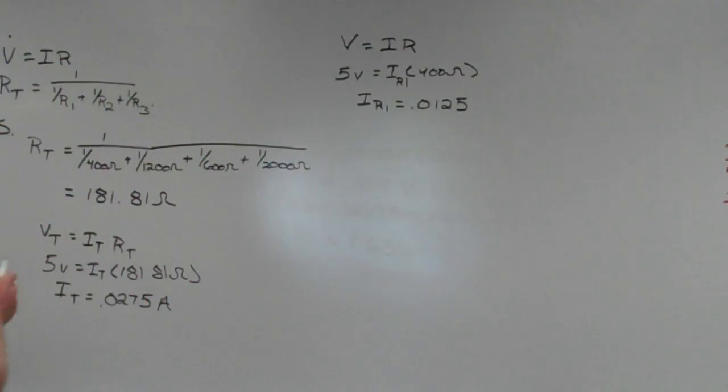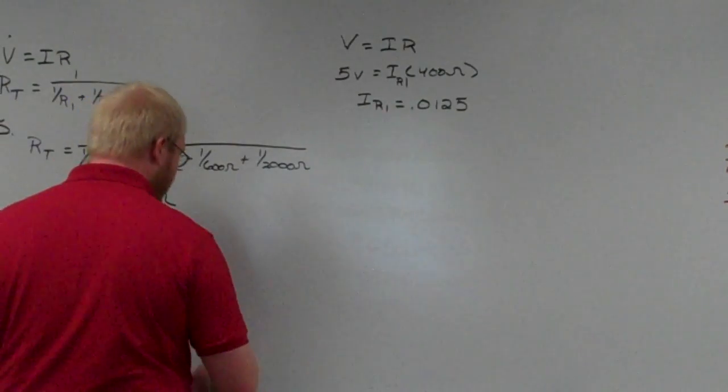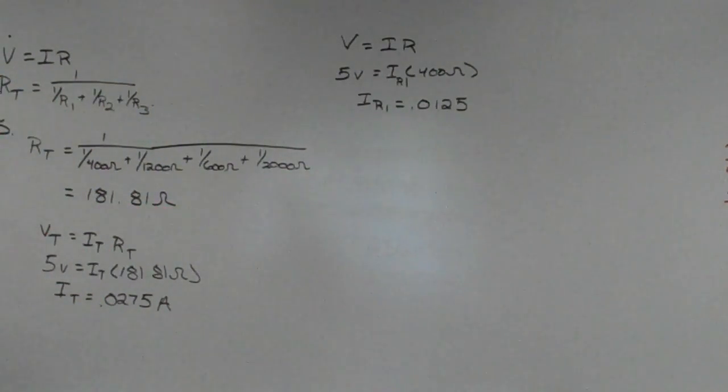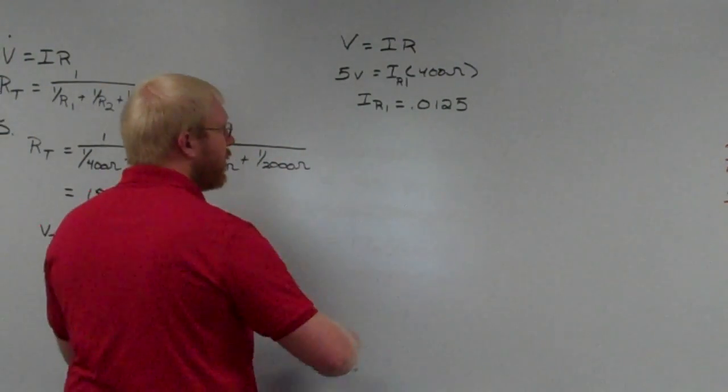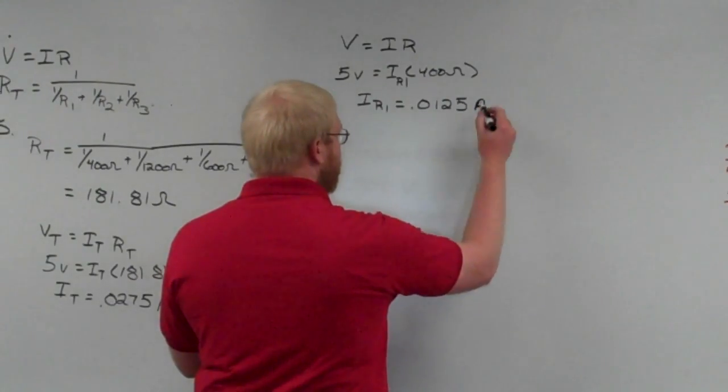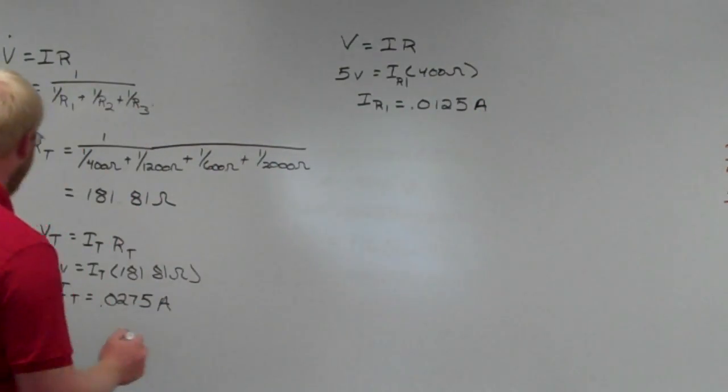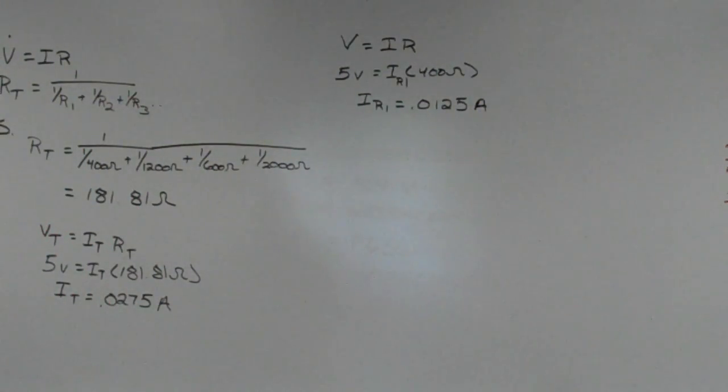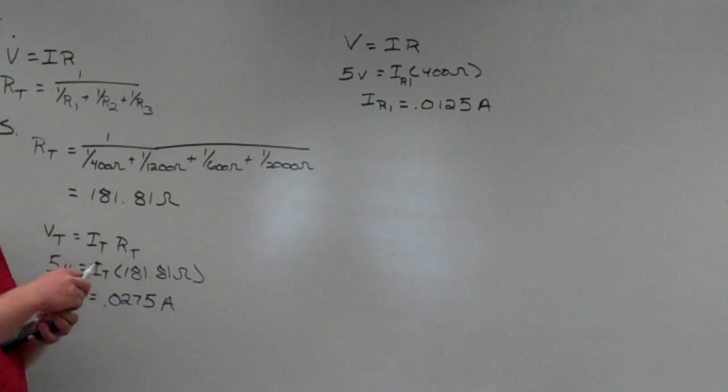So once again, I could put that number over in my answers. I'm going to move 3 decimal places again, so I'm dealing with milliamps again. I should label my answer up here. That way we have all of our answers. And over here, that's going to be 12.5 milliamps. We're going to continue on down the list.